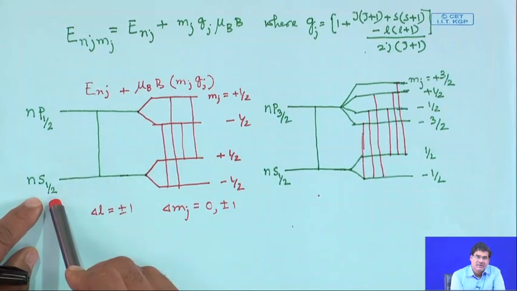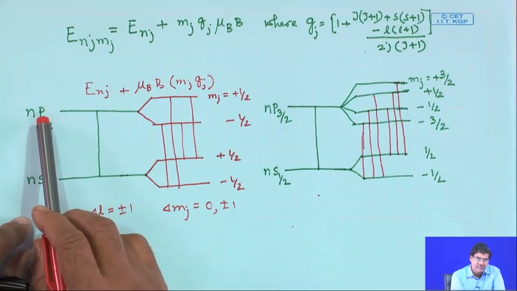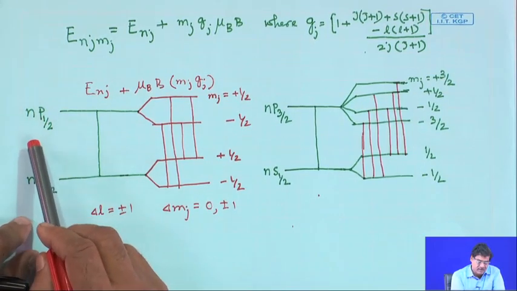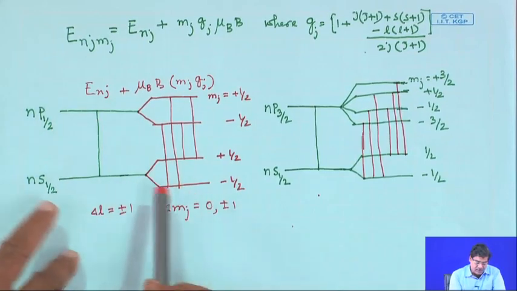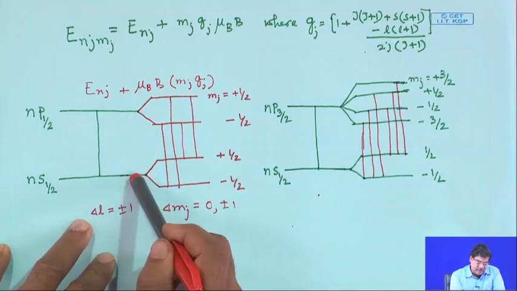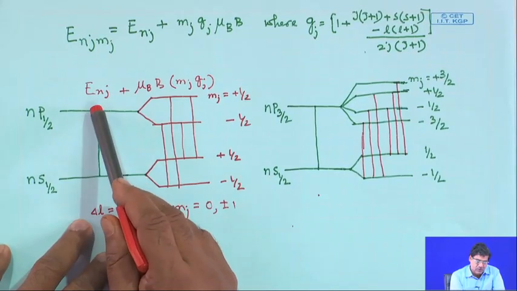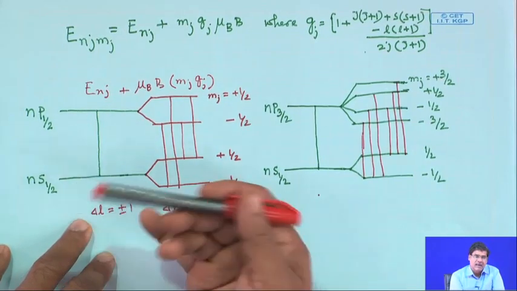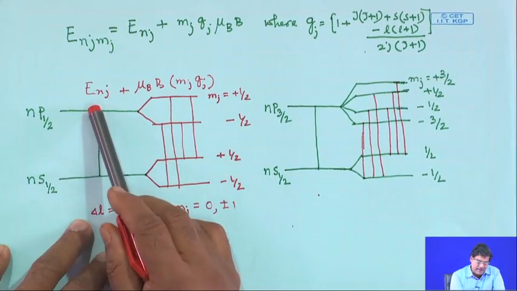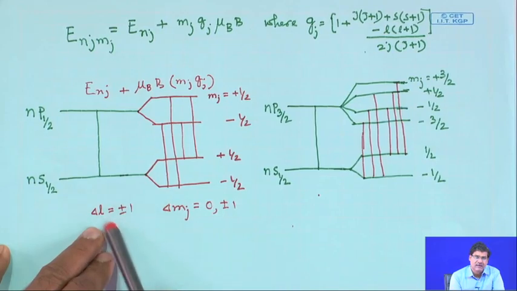So, S half, L equal to 0, J equal to half, and P, L equal to 1, J equal to half. Between these two lines, L is 0 and L equal to 1, so the transition is possible before applying the magnetic field and it gives one spectral line, because it fulfills the selection rule delta L equal to plus minus 1.